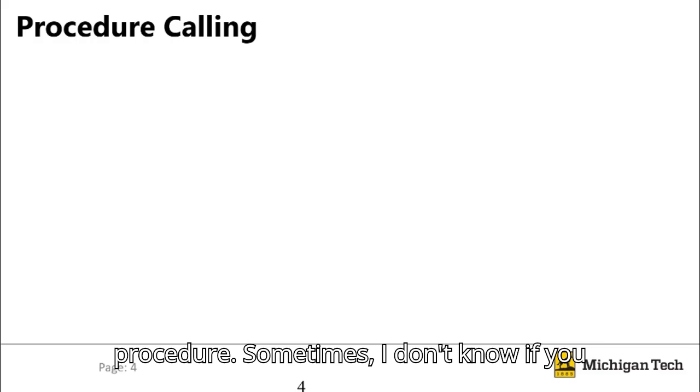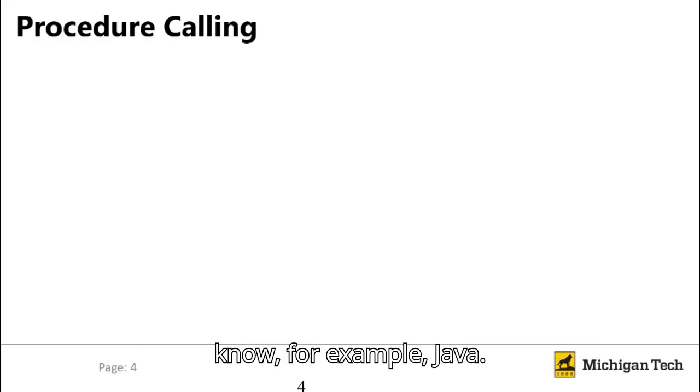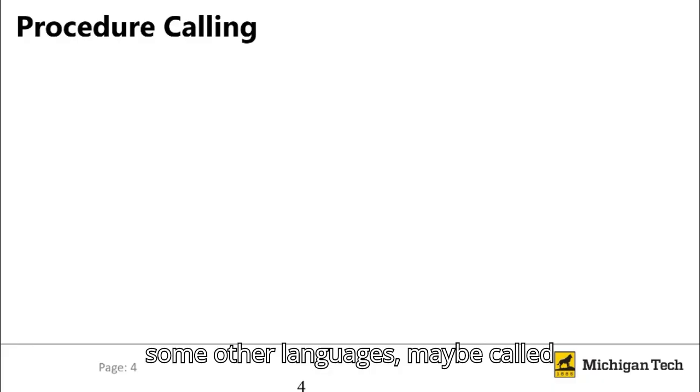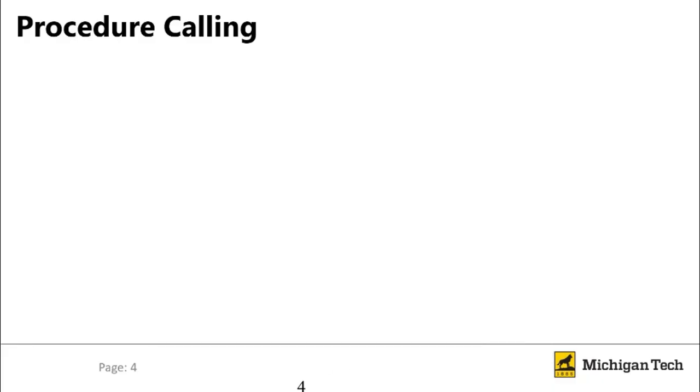Function, procedure. Sometimes, I don't know if you know, for example, Java, in Java it is called what? Do you know Java? It is called a method. In Java it is called a method. In some other languages, maybe called subroutine. So they are all the same.